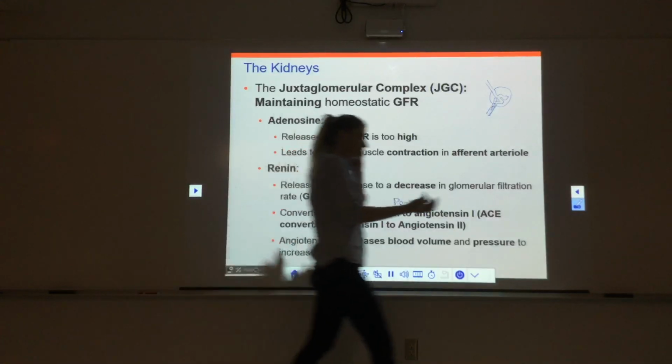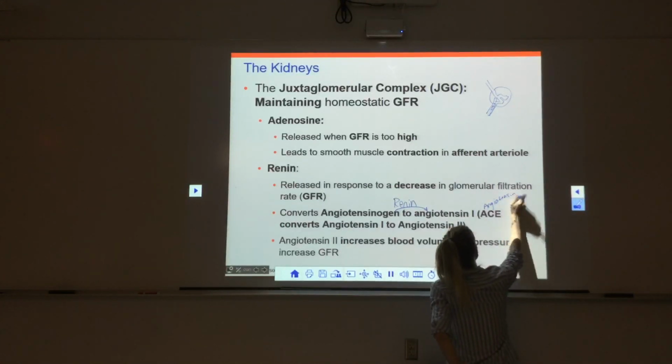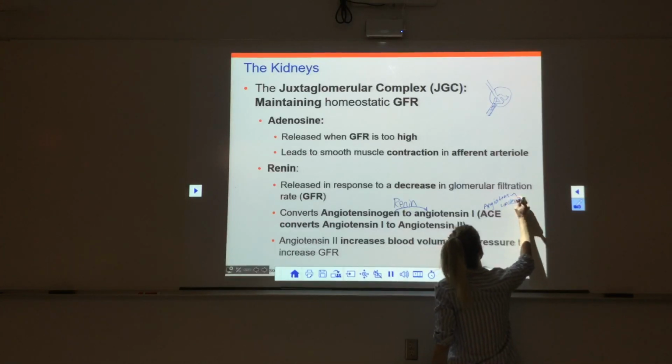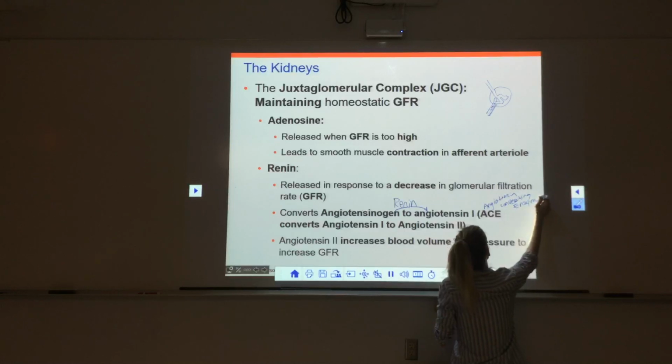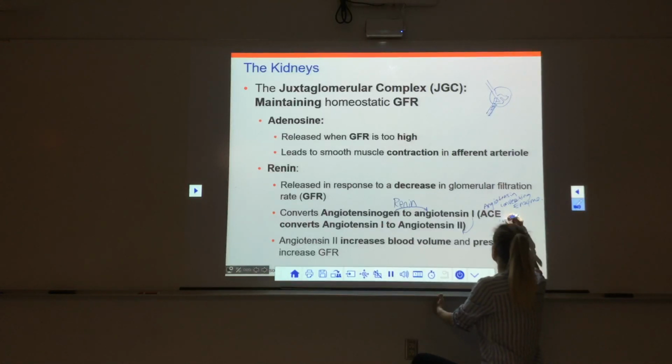Then another enzyme, ACE, which remember stands for angiotensin converting enzyme, converts angiotensin 1 into angiotensin 2. That happens in your lungs and in your kidneys.